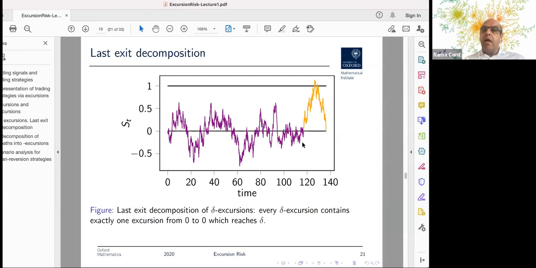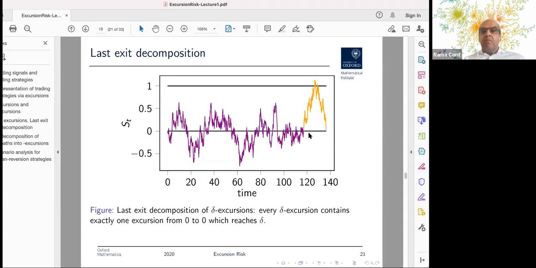It doesn't matter, I'm allowed to, until I reach delta equals 1, here. And then afterwards, the definition of delta excursion is that I have to stop the first time I reach 0 after I reach delta. So after I reach 1, I reach 0 only once and I stop. So this entire path is one delta excursion with delta equals 1.